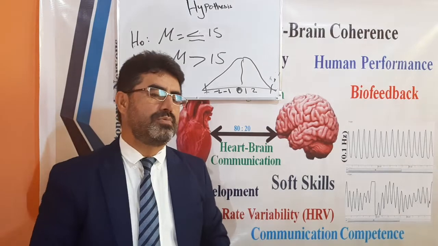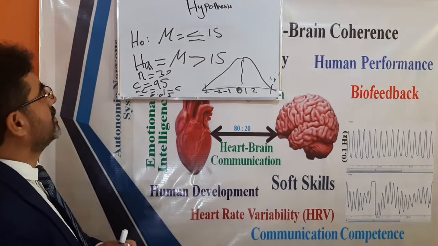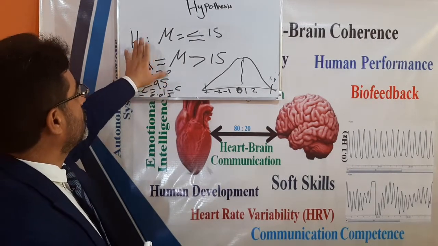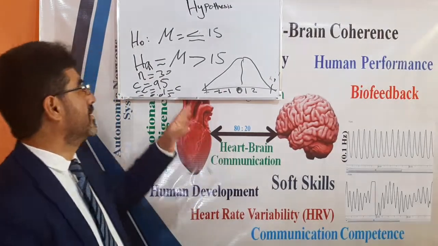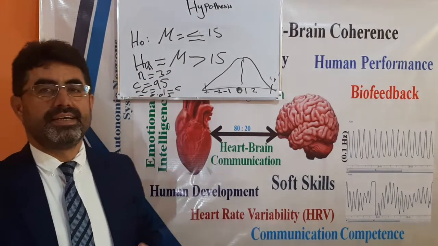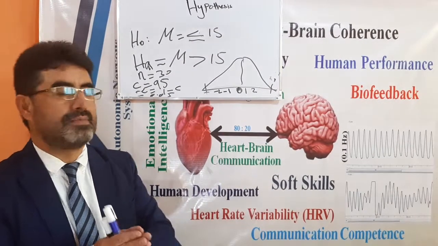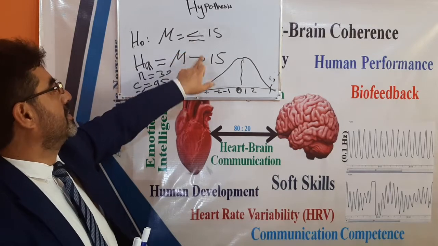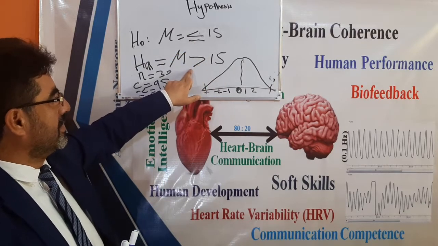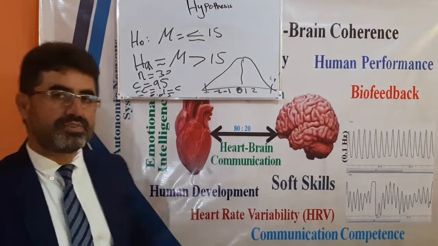That's why when we write the hypothesis, we have to read the task clearly, and when we write the symbols, we have to be careful, because there are two symbols, less than or equal, and this is just one symbol, greater.